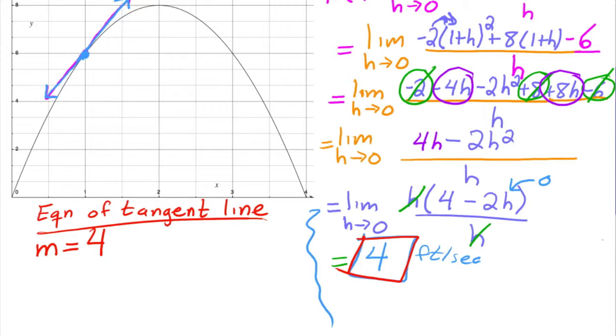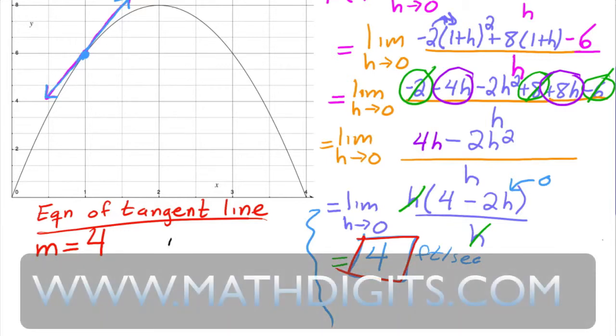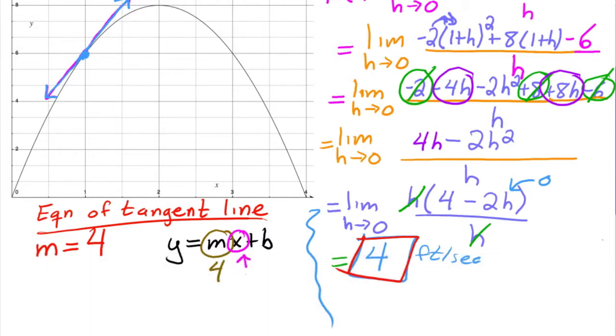Okay, and so then we write down the usual y equals mx plus b. We plug in 4 for the slope, and then an x value and a y value. So I don't know about you, but I think we should plug in the only value that we know on the line, which is 1, and the y value is 6.